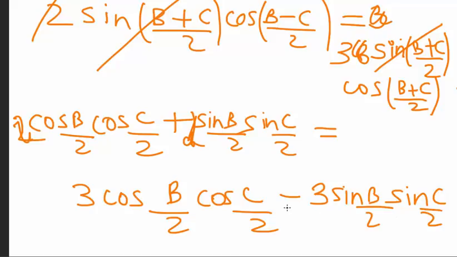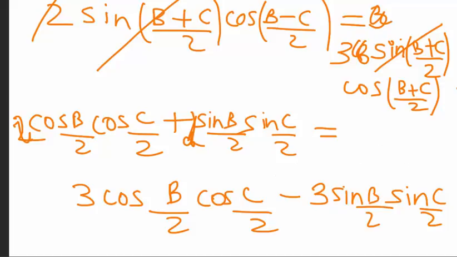Now we are asked to calculate the cotangent of b by 2 times cotangent of c by 2, right? So let's see what we can do here. Let's bring this term to this side, and let's bring this term to that side.